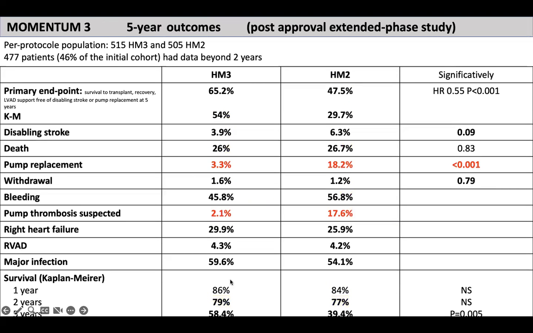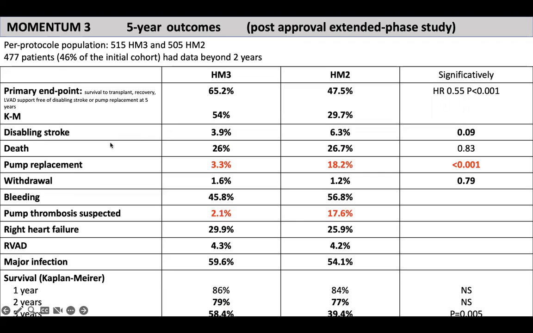And you have here the table updated for the 5 year outcomes. The primary endpoint at 5 years is survival to transplant, recovery, or LVAD support free of disabling stroke or pump replacement. It's 65% in the HeartMate-3 group and 47% in the HeartMate-2, which is significant.